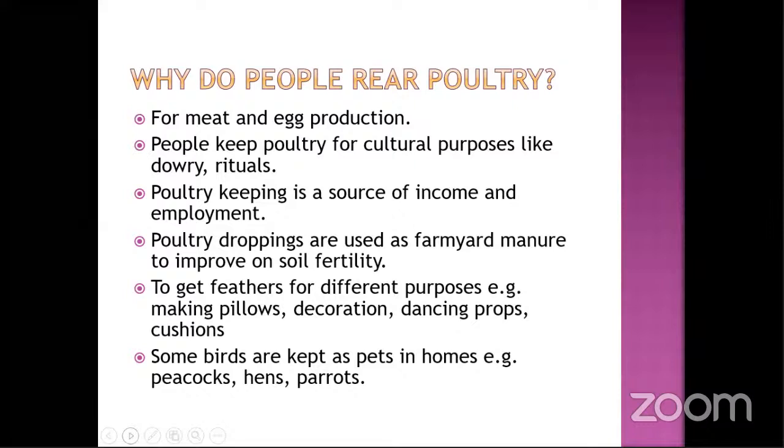Then the other one is the last point that we are going to look at. I want Nasha to read for us this point. Some birds are kept as pets in homes, e.g., peacocks, hens, and parrots.